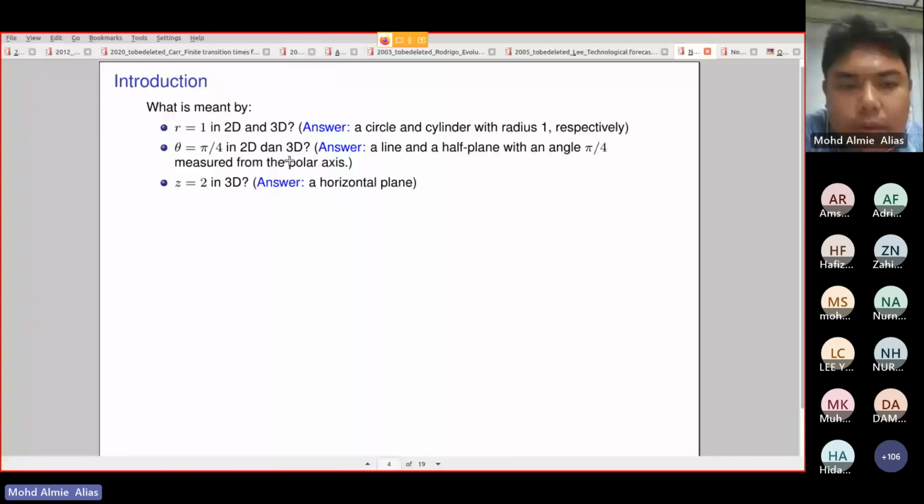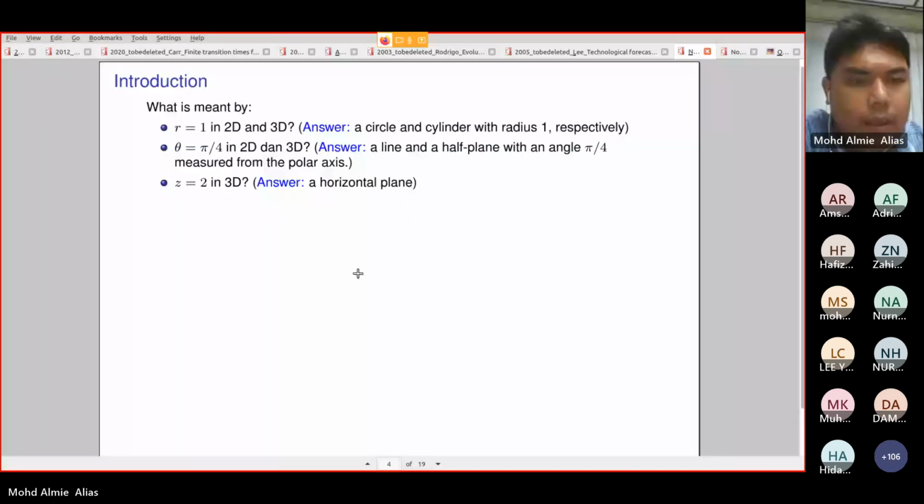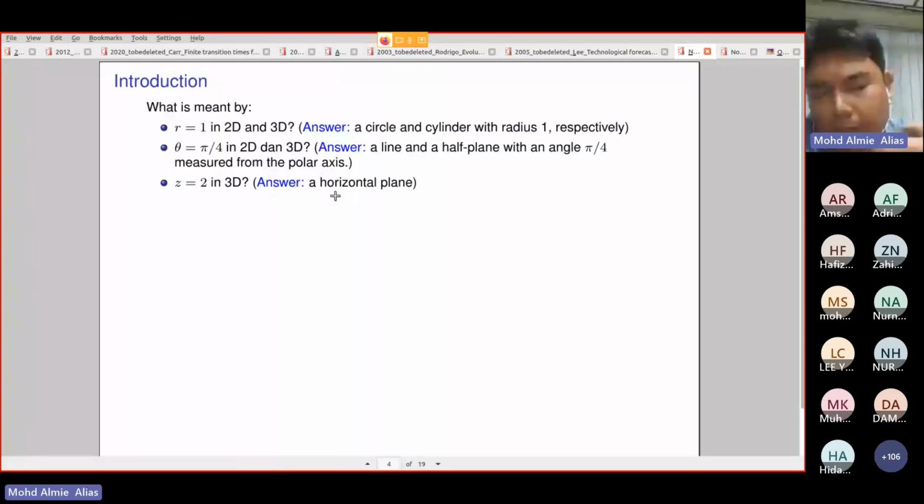And then for 3D it is a half plane, as I drew here. And then z equals 2 is just a horizontal plane, with value 2 on the z axis.